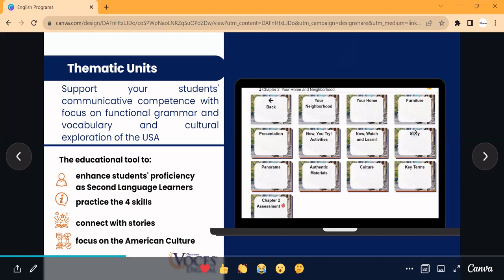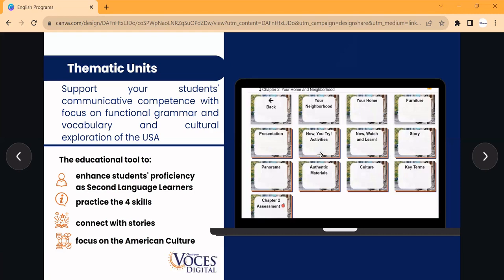You will see the story that I mentioned, there's 1 story per unit. We do have our panorama section that allows students to explore a 3D view of a specific place in the US. We also have our authentic materials section to get students more comfortable interacting in the English language, the cultural section, key terms, and assessment.